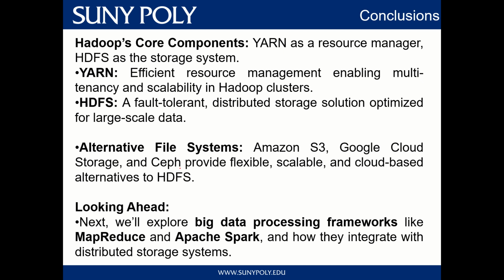There are alternatives, that's also important, and I hope that we're going to discuss some of these alternatives in more detail as we progress in this course. So Amazon S3 and Google Cloud are getting more popular, and they are alternatives to HDFS.